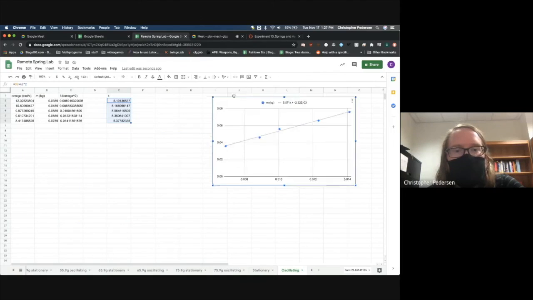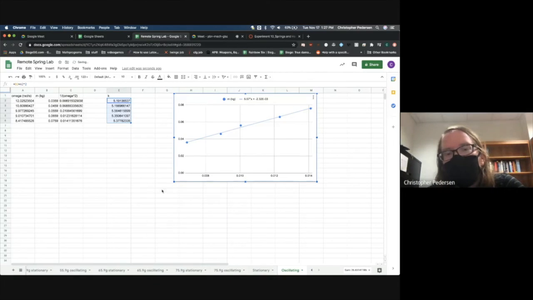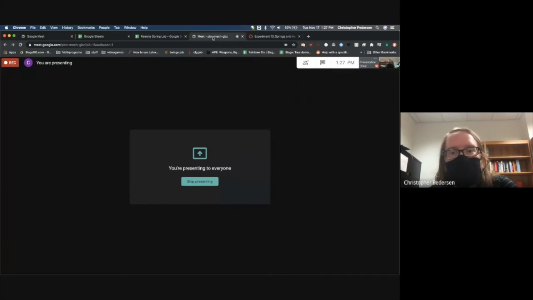But doing it the graphical method both averages it for us and kind of weights the average by the trend of the data and shows that it follows the expected equation. Because we expect this to be linear, we get something linear. So that means that the theory is actually working at least fairly well. I hope that makes sense. There's a little bit more that I'll go over in a moment, but that is how you find the spring constant with the two different methods.